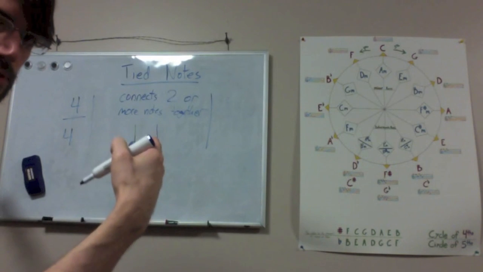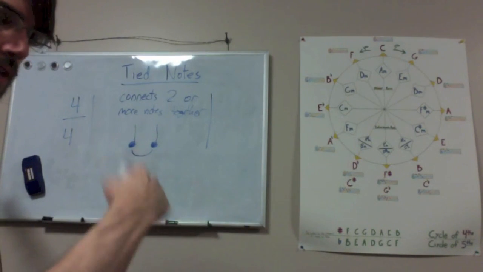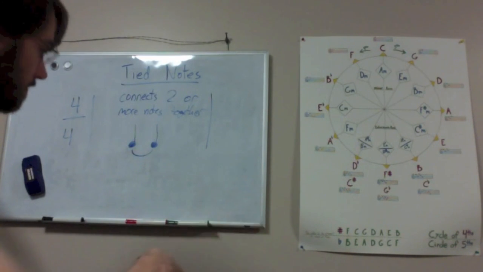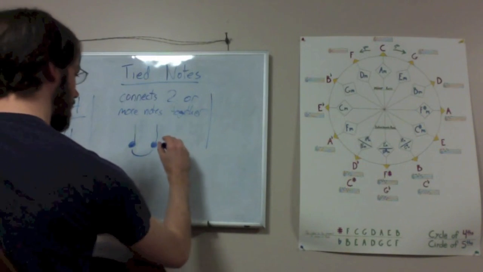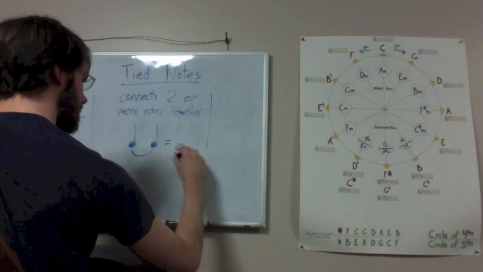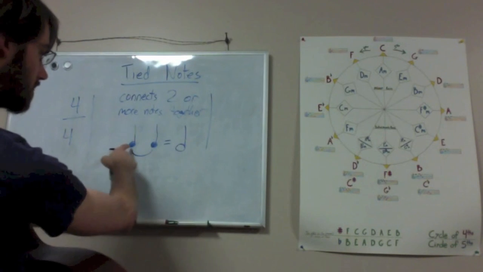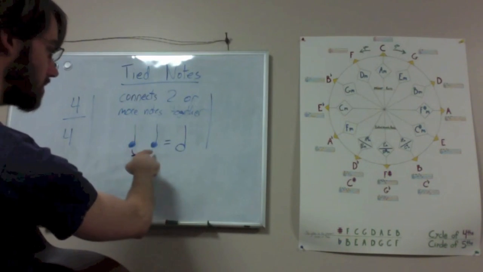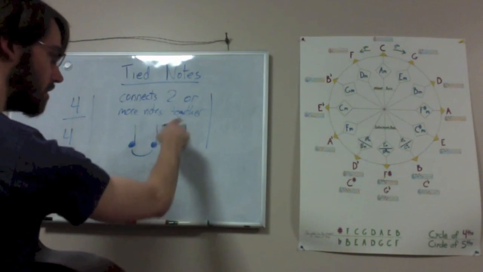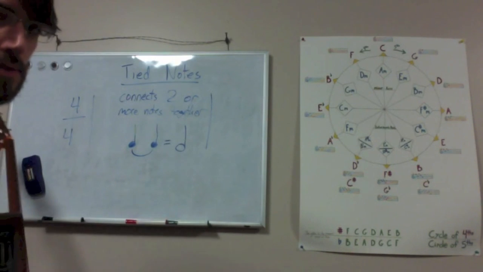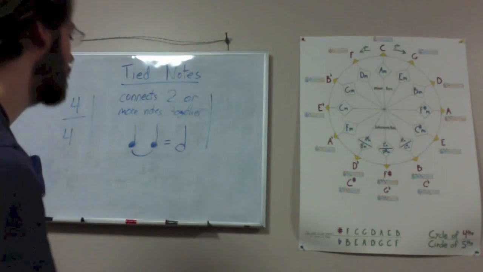It's just kind of a little curvy line that goes underneath the notes that connects them. That would be the same thing as me playing a half note. So one beat tied to another beat would be like playing a note that lasts for two beats, which is the same thing as a half note.